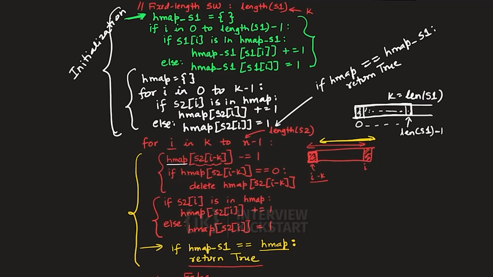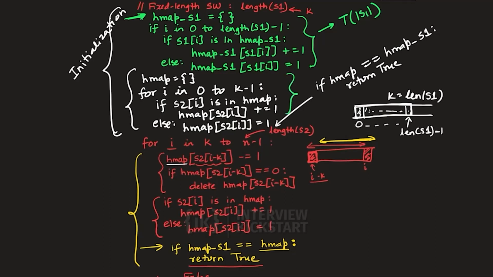So clearly, in order to build the frequency table of the smaller string, S1 is generally the smaller string, although it doesn't have to be that. This is going to be equal to, let's say, the length of the string S1.